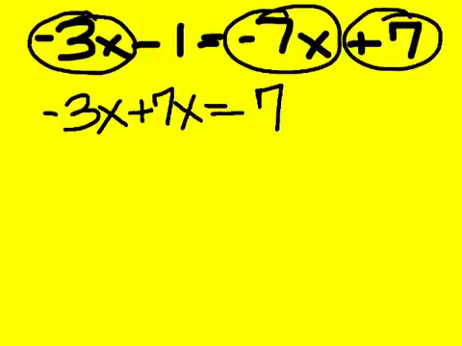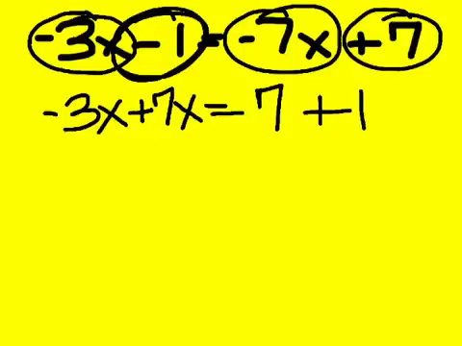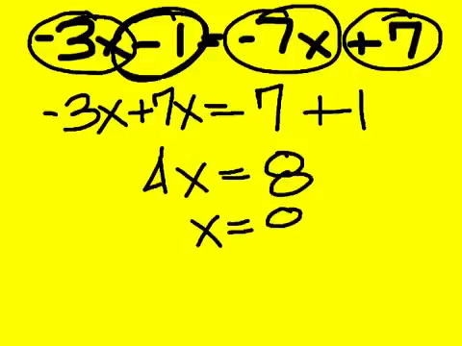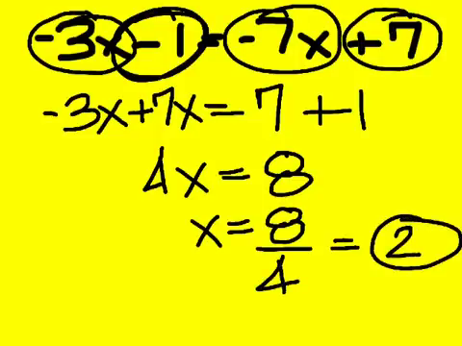Instead of -7 on the right, we think of it as -7. It becomes +7 on the left. And then -1 from the left becomes +1 on the right. -3x plus 7x is 4x, and 7 plus 1 is 8. Divide by 4 to get an answer of 2.